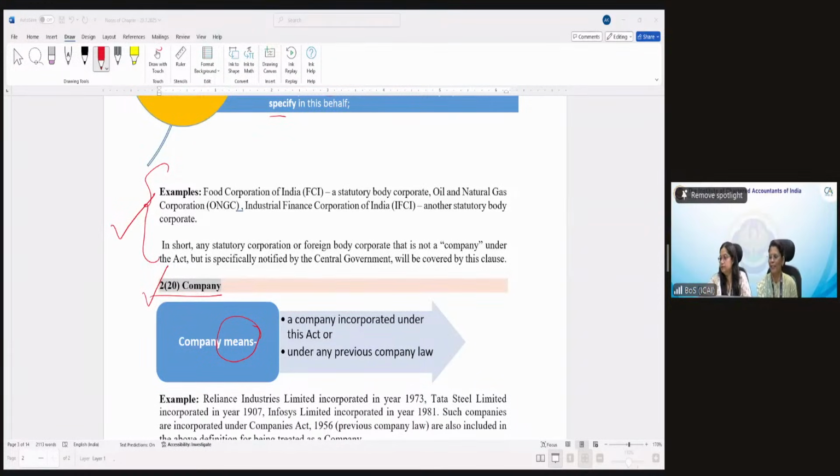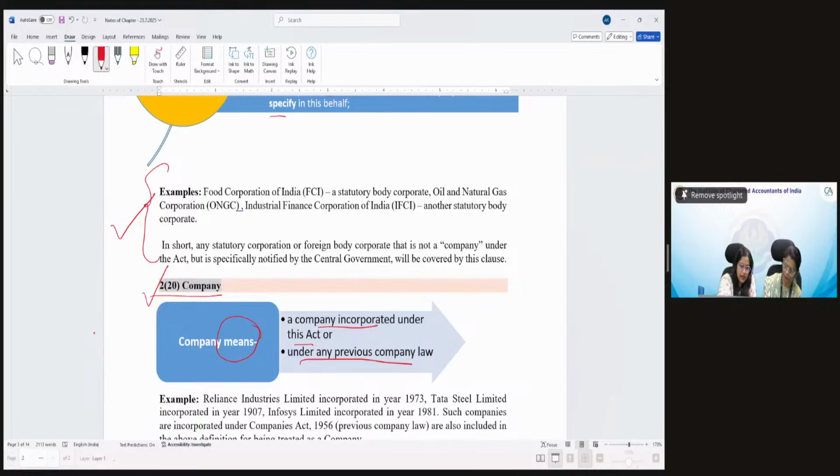So you are seeing that company means a company incorporated under this Act, the Companies Act 2013, or under any previous company law, whether it be 1956 or any other acts that we have already discussed earlier. So whether a company has been incorporated under a previous law or under the present law, it will be termed a company.